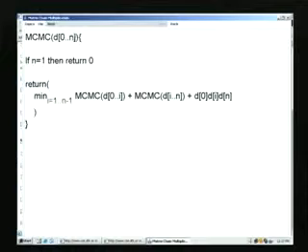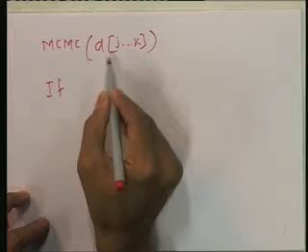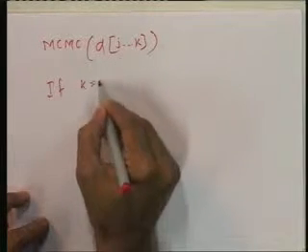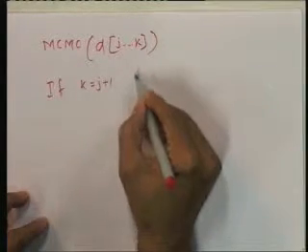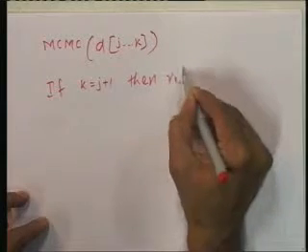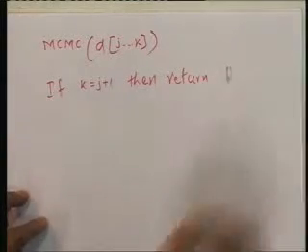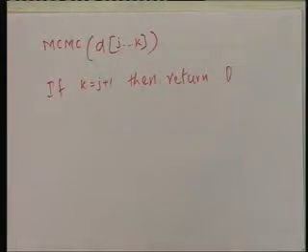The condition n equal to 1 over here just says whether the last index is 1 plus the first index. So, this condition really should be thought of as: if the last index k is equal to j plus 1, in that case, return 0.